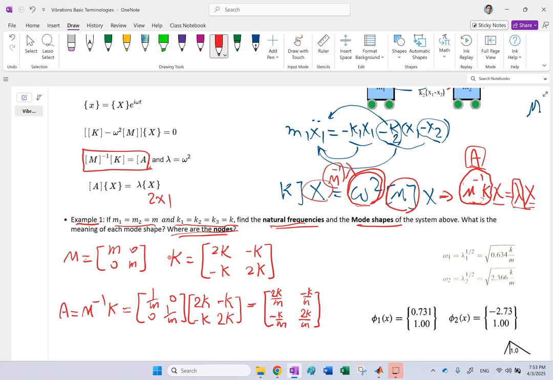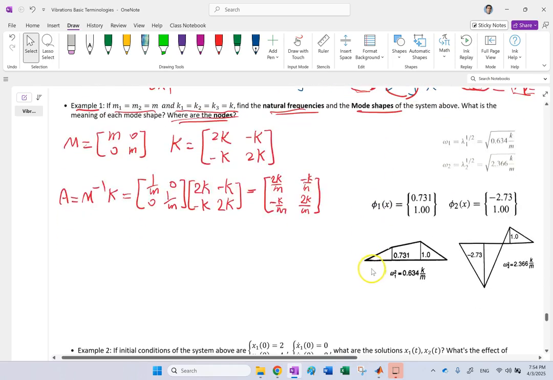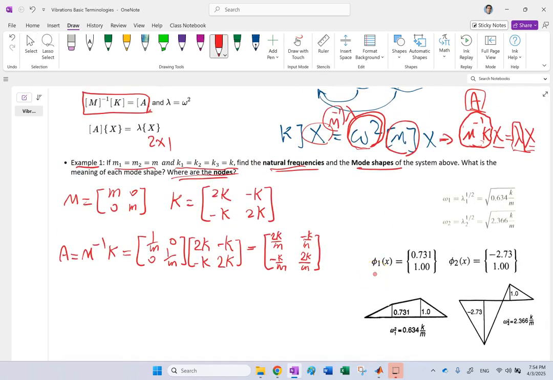Now I need to find the eigenvalues and eigenvectors of this. If you remember from math, the way to find eigenvalues and eigenvectors is first you go for eigenvalues by solving a determinant equation, and then from there you can go for eigenvectors. So let's go ahead and do that. The way we find the eigenvalues is we set the determinant of A minus lambda I equal to 0, and this I is the identity matrix with the same dimension as A. Since A is 2 by 2, this identity is 2 by 2.